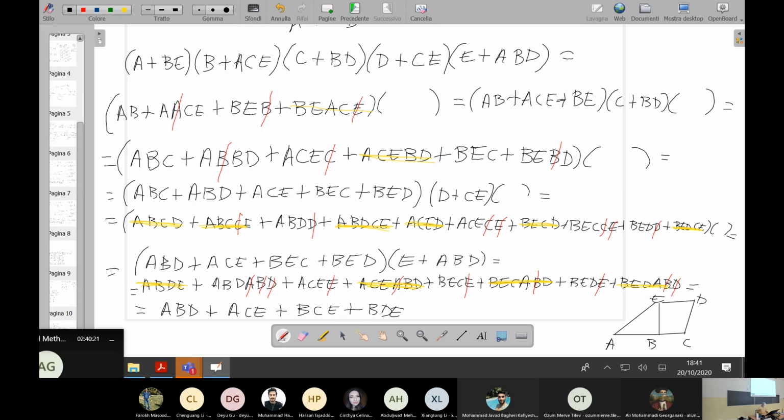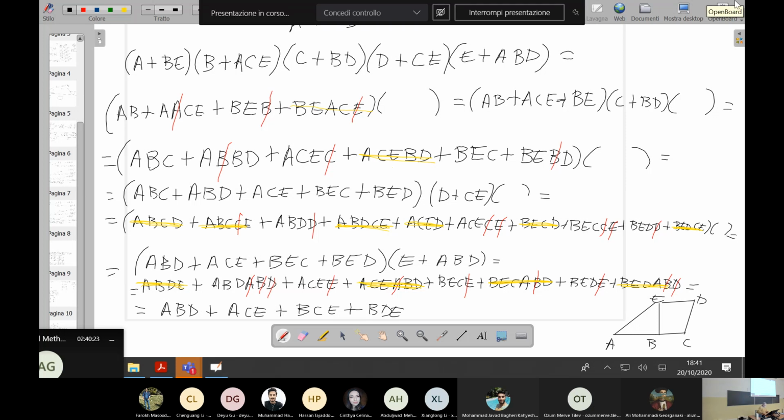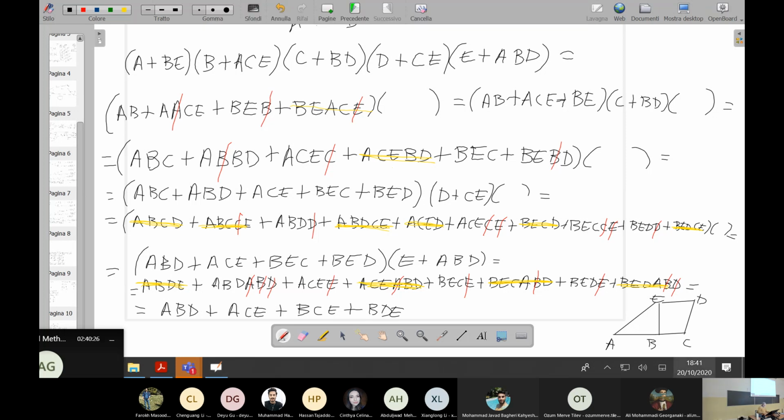It is not meaningless. They must be coverings. And so, let's see, A, B, and D. If I take A, B, and D, is every edge covered? Yes. And is that a minimal covering? What if I take out B, for instance? If I just take A and D, there is this edge BE which is uncovered, okay? So this is actually a minimal covering.